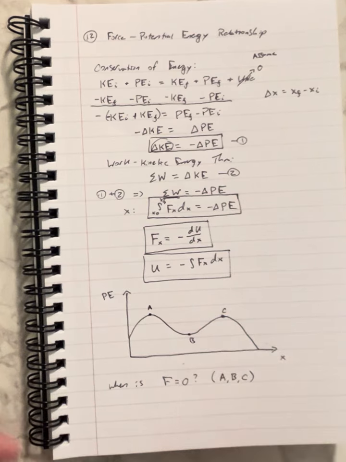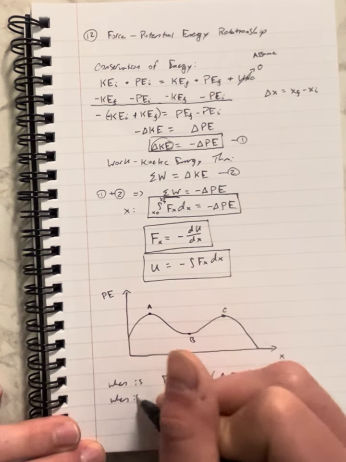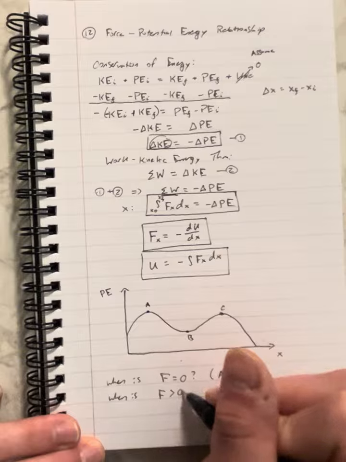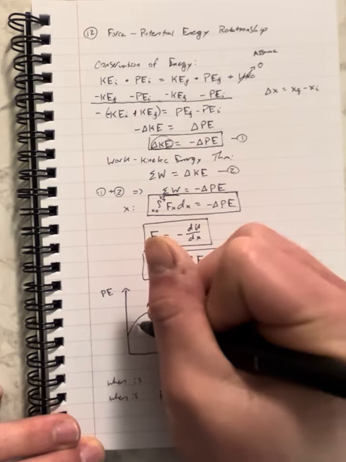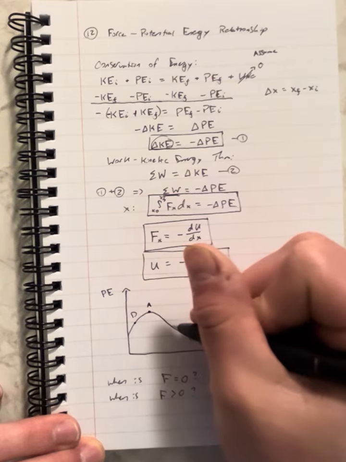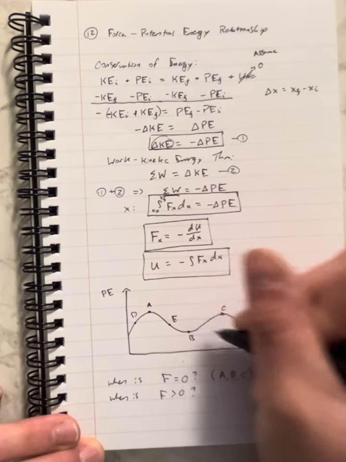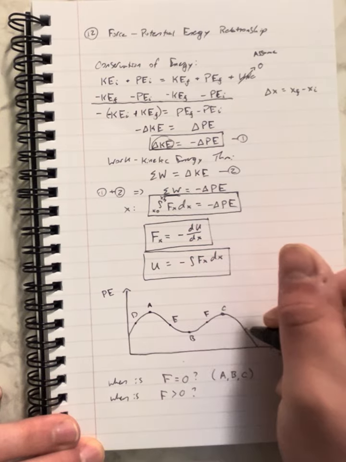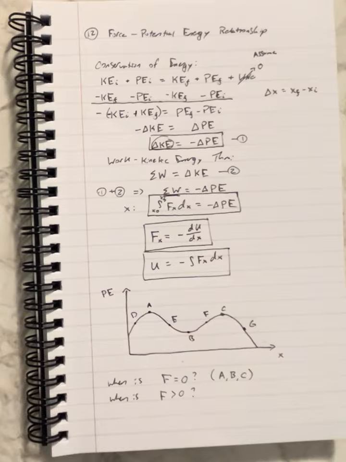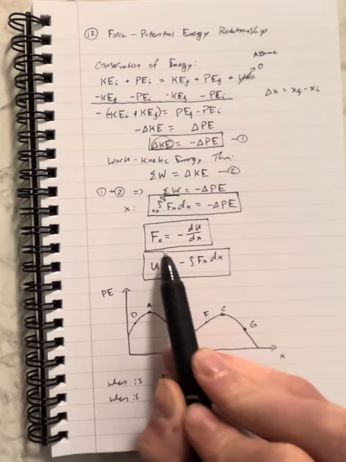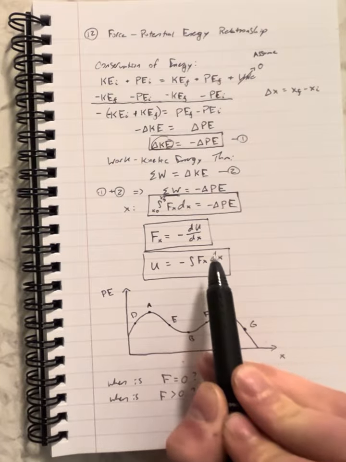I could also say, when is F greater than 0? Let's make some more points. Let's go D, E, F, G. Okay? Well, when is F greater than 0? F is greater than 0 when the derivative of U is less than 0, because remember, F is equal to the negative derivative, right?